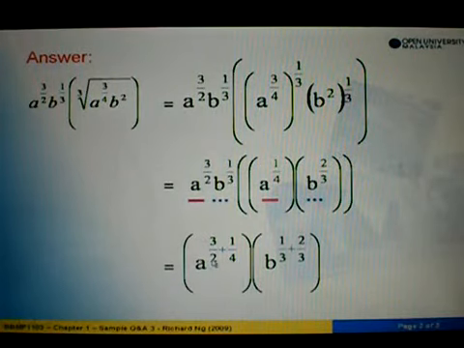Okay, so 3 over 2 is actually equal to 6 over 4. So 6 over 4 plus 1 over 4 will give us 7 over 4 for this one. And then for b, 1 over 3 plus 2 over 3 will give us 3 over 3 or b to the power 1. So we have a to the power 7 over 4 times b to the power of 1.